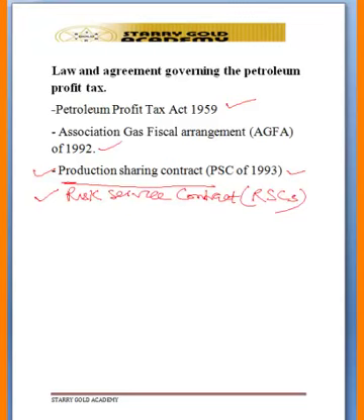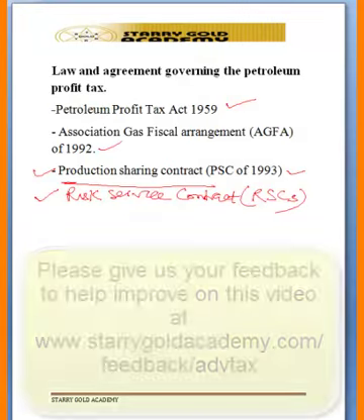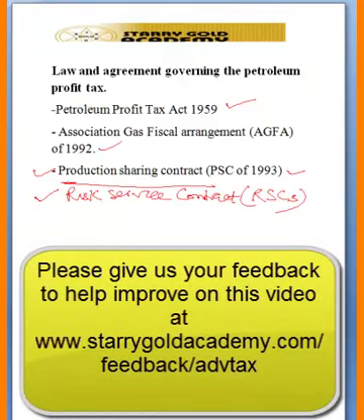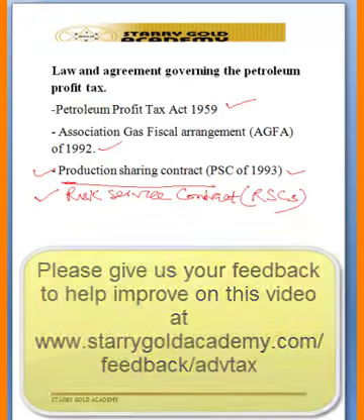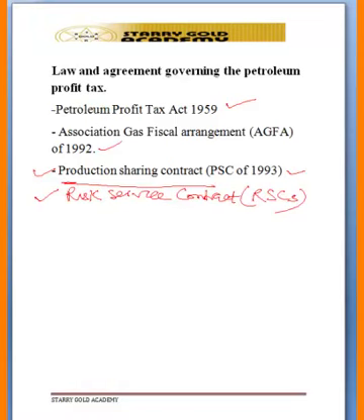And how is the contractor remunerated? He is reimbursed only from funds derived from the sale of oil produced. So again, that is the risk service contract. These are the agreements we need to know about in the oil industry: the production sharing contract and the risk service contract.